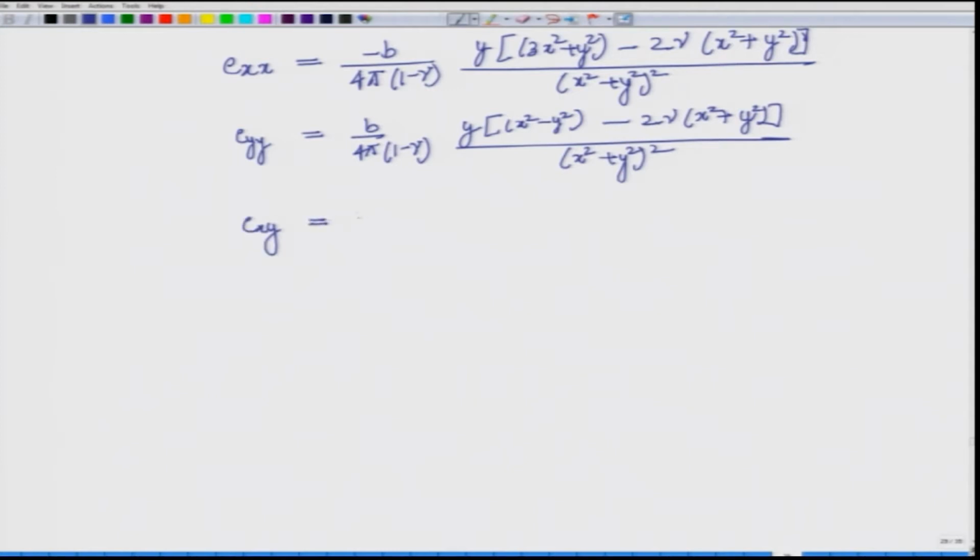So, E xy equal to E yx is equal to b by 4 pi 1 minus nu.